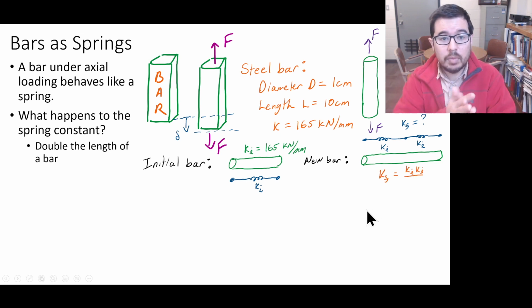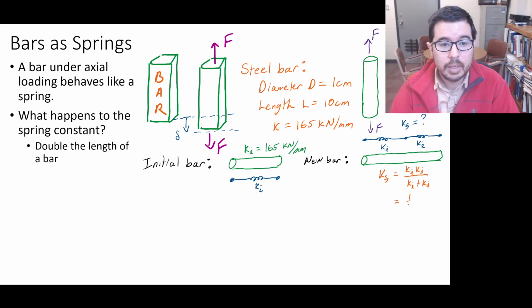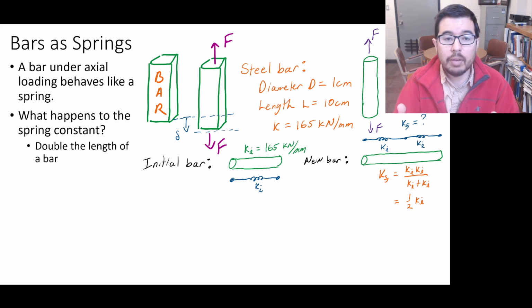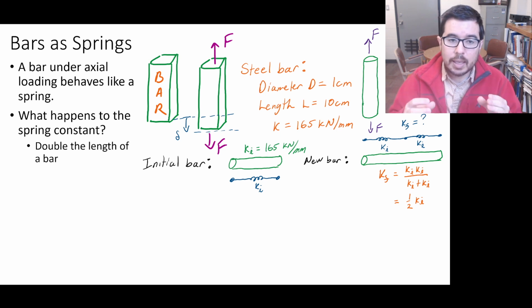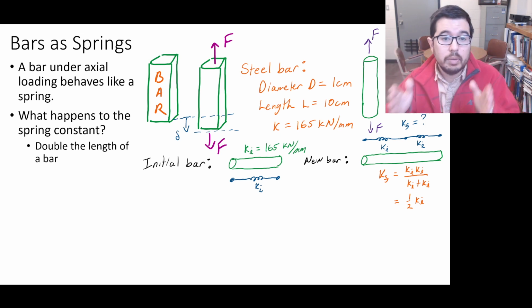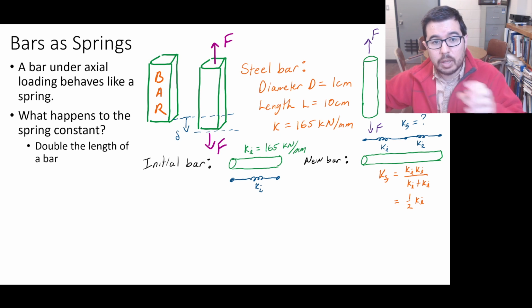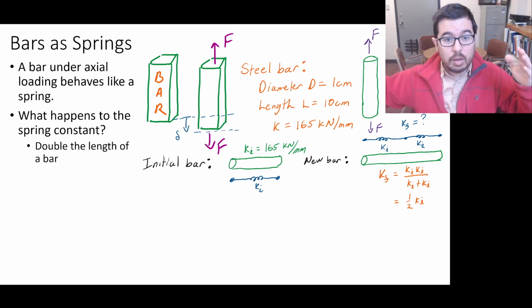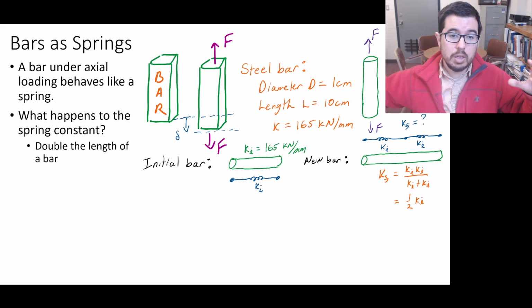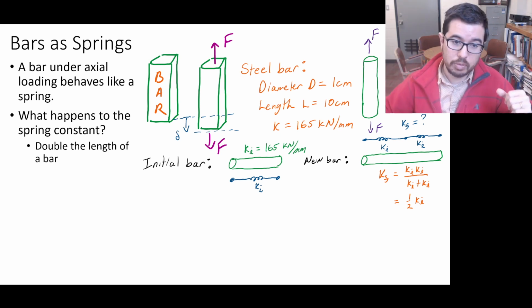And so we do that here. And the result is that the spring coefficient is going to be half of what it used to be. And this is an interesting principle. As we take a rubber band or a material or a bar and we put it side by side with another one and we attach them to each other, as we make that longer and longer, we have the opportunity to have more displacement for a given amount of applied force.